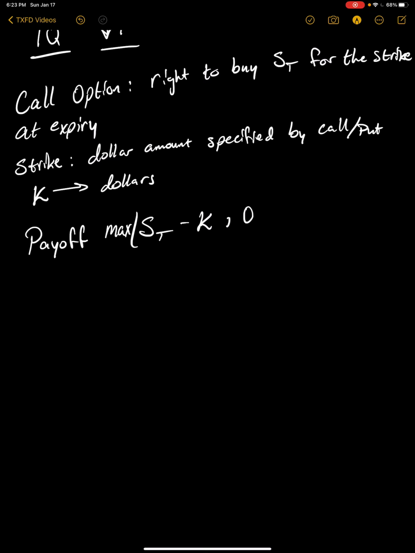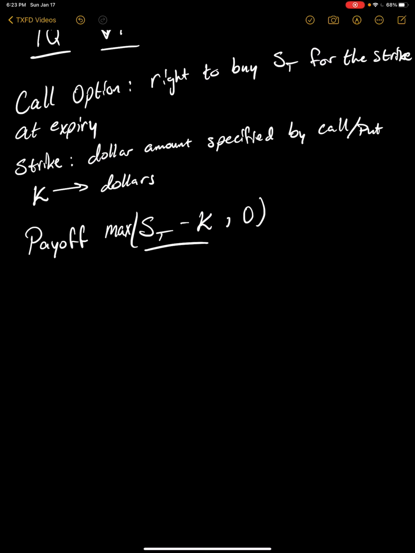So it's the maximum of the difference and 0, for the same reasons that it's the maximum of Q minus P and 0 above. Generally, these are settled with cash settlements, and so the cash settlement is just in the form of the difference in the cash value of the stock at time t and K.